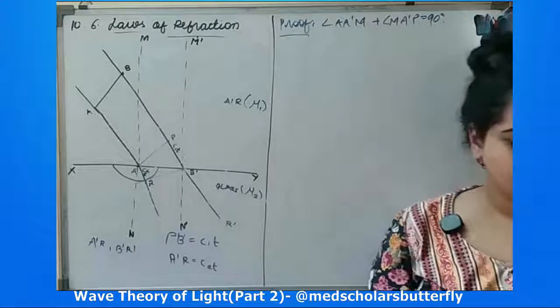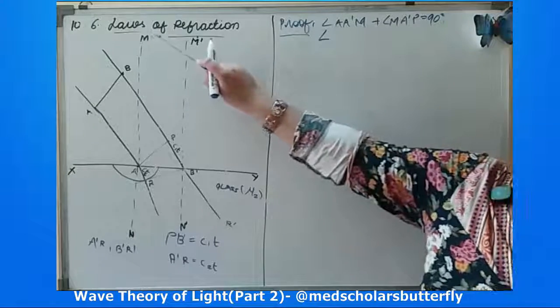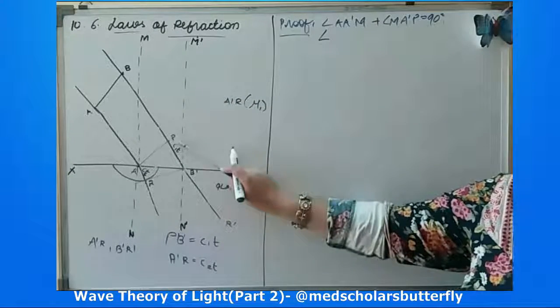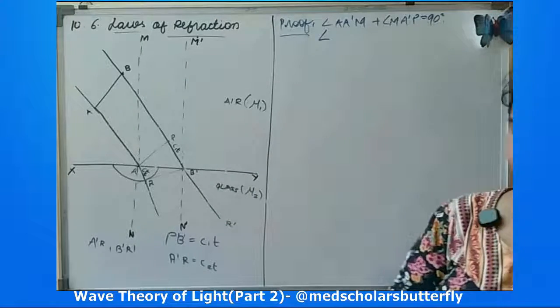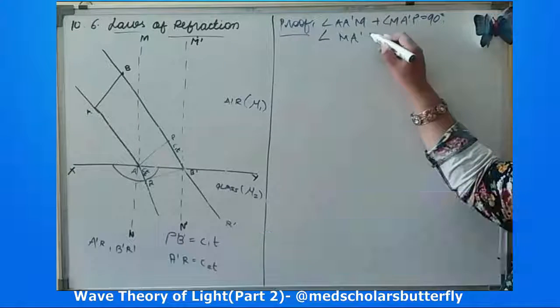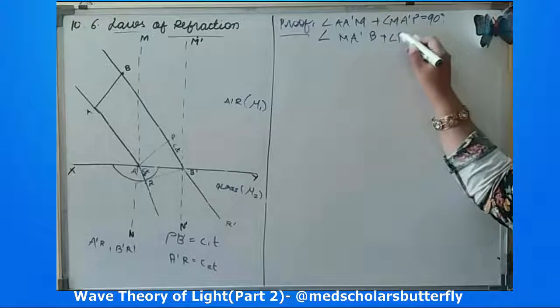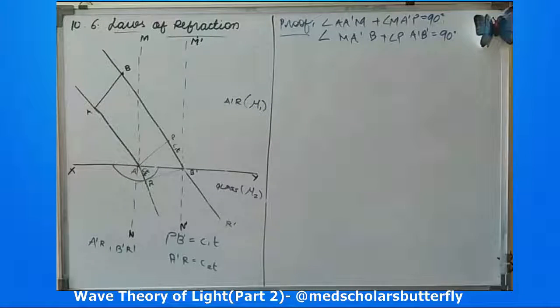Agreed? And angle M A dash P and angle P A dash B dash is again 90.